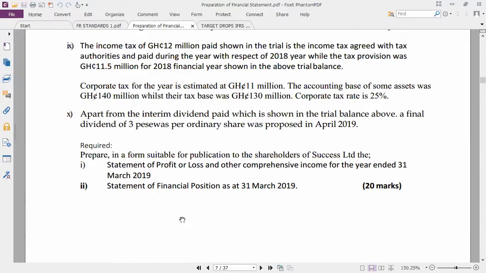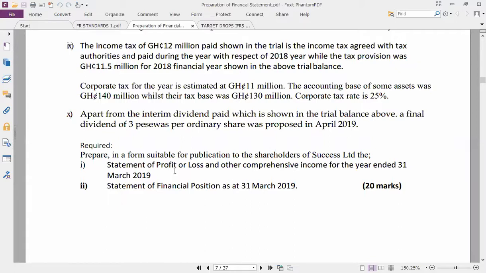Full stop. So this one, will it be treated as under or over, or is it a current year tax? Good. We are in 2019, but they are giving us information about 2018. So it's for under and over calculation.